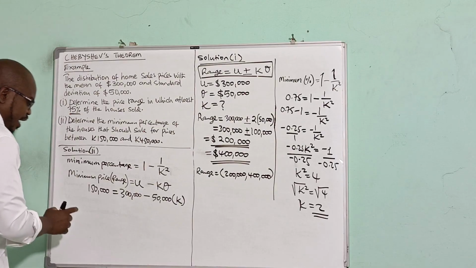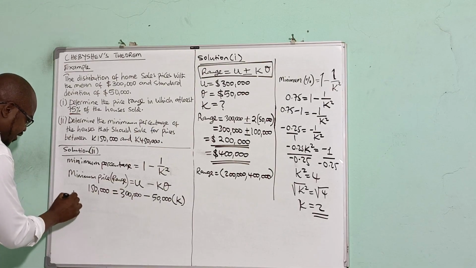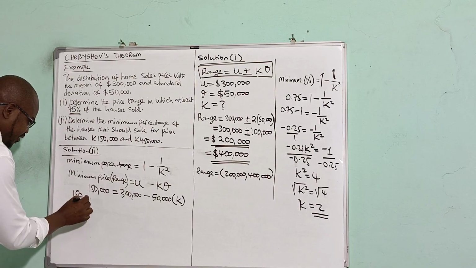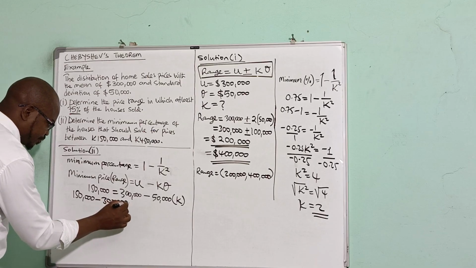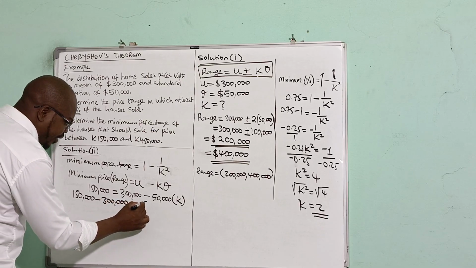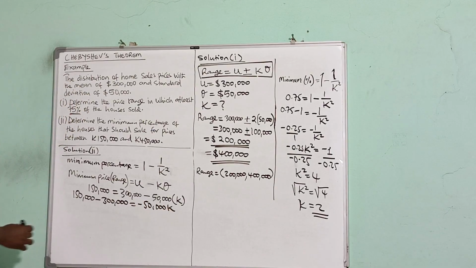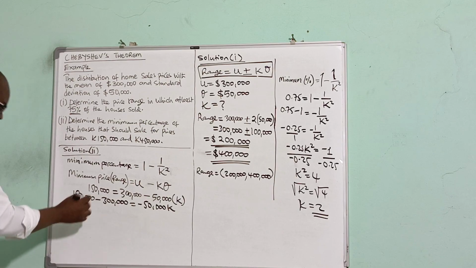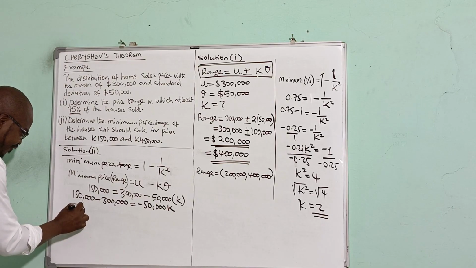So now what I'll do is I'll simply bring the 300 this side. So it will be 150,000 minus 300,000, and then I have negative 50,000 K. And then from there, 150 minus 300 will be negative 150,000.